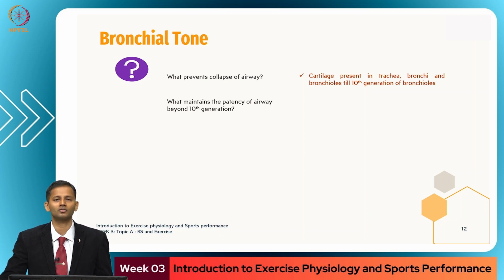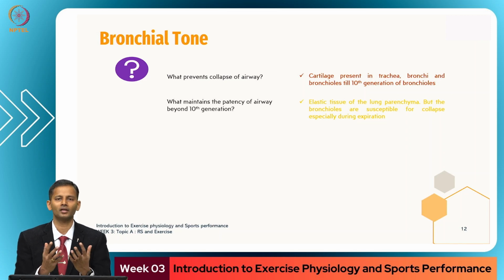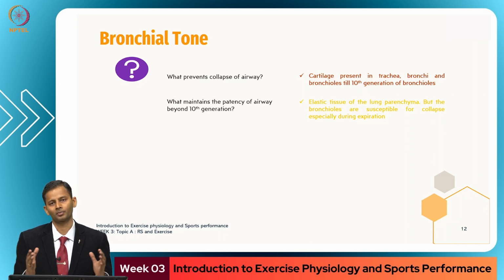What prevents collapse beyond that? Yes, the bronchial airways beyond the 10th generation are embedded in the lung parenchyma. Lung parenchyma, you can imagine, is like a balloon. It's an elastic tissue. Since they are embedded within the parenchyma, they have that elastic nature. The elastic nature per se doesn't allow the respiratory tree to collapse.